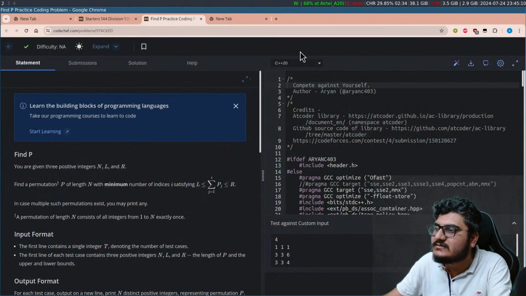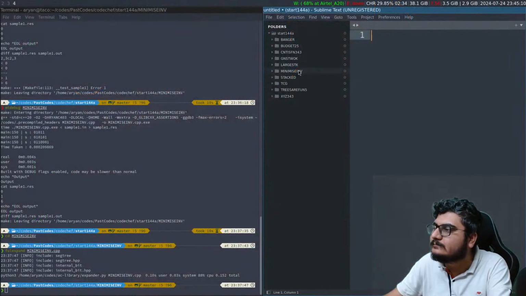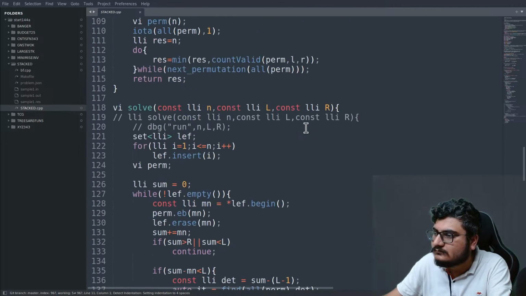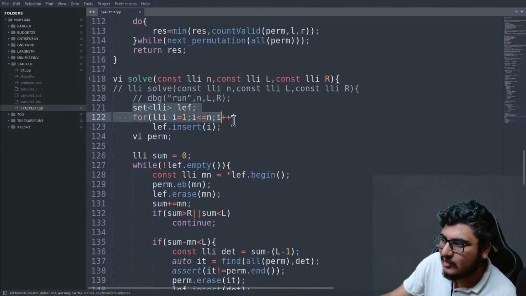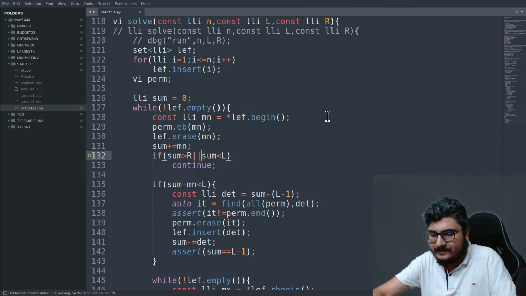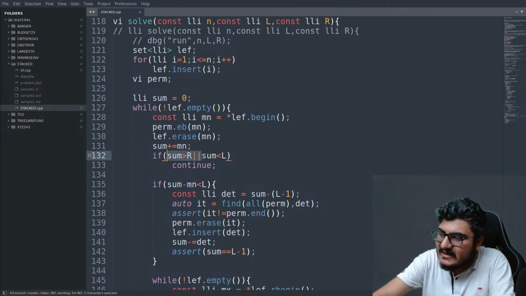The problem is stacked. First, all the numbers which I have so far, as long as I have some remaining number, find the smallest number, insert it into the permutation, and add it to the sum. If current sum is less than L, continue.